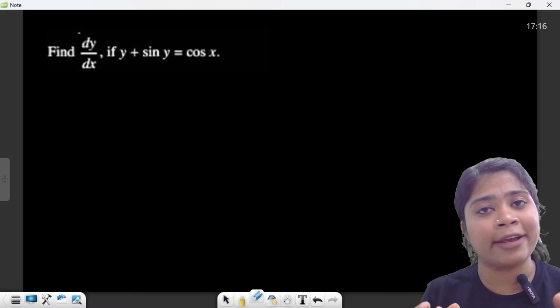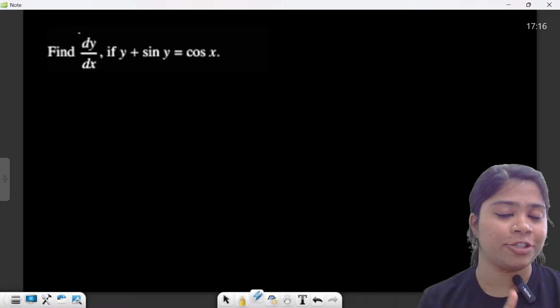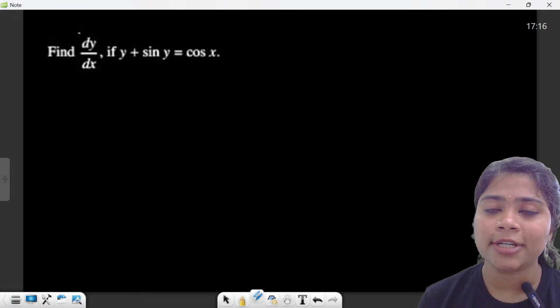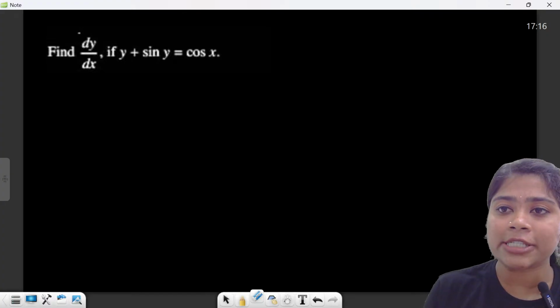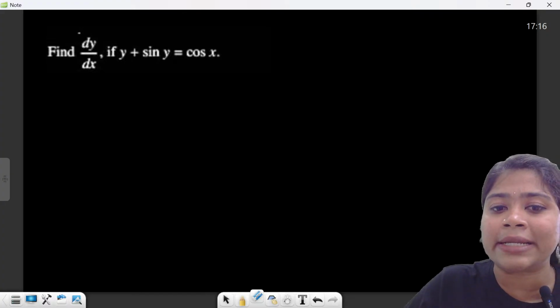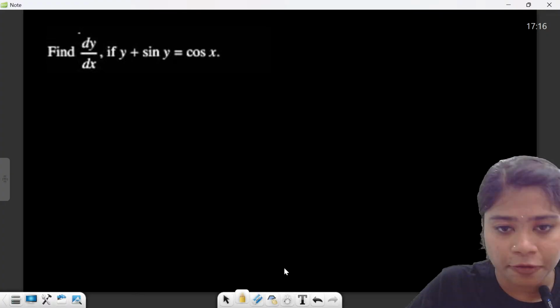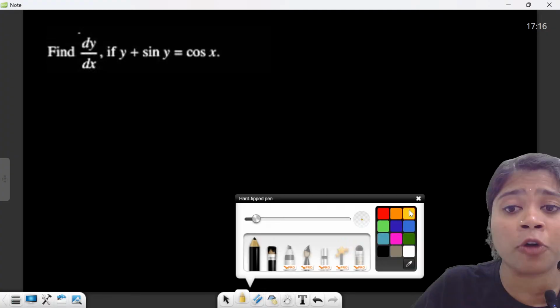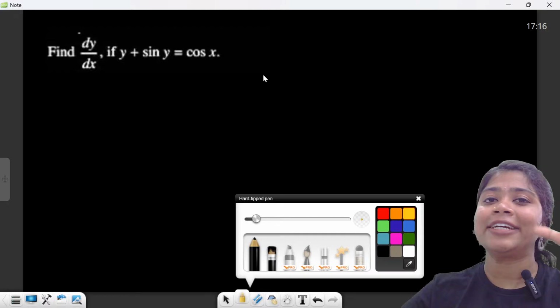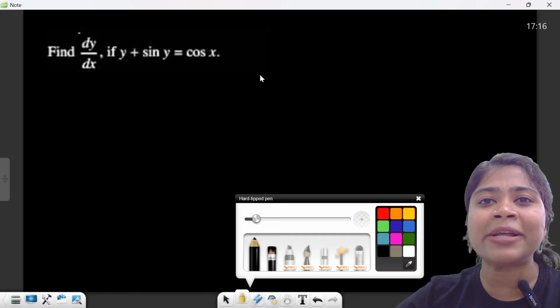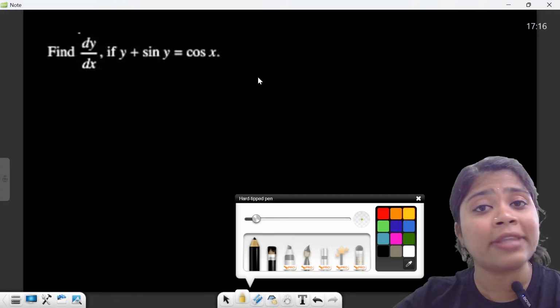So this is actually an implicit function. So why is it implicit? We can't write y as a function of x because y is not explicitly written in terms of x. That's why it is not an explicit function. It is an implicit function.